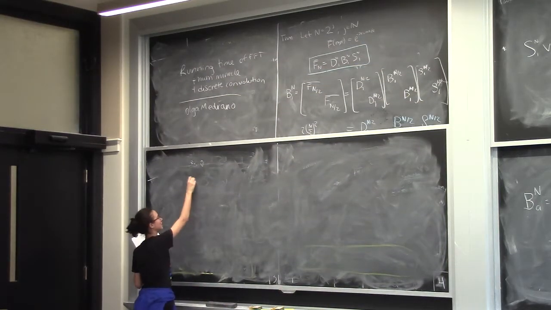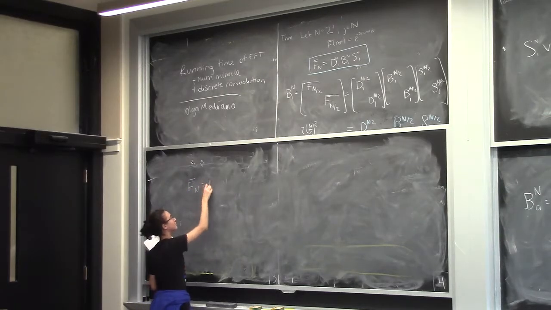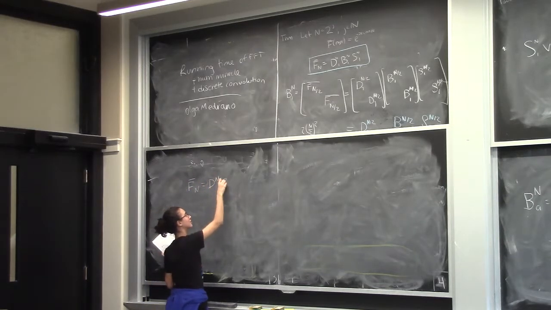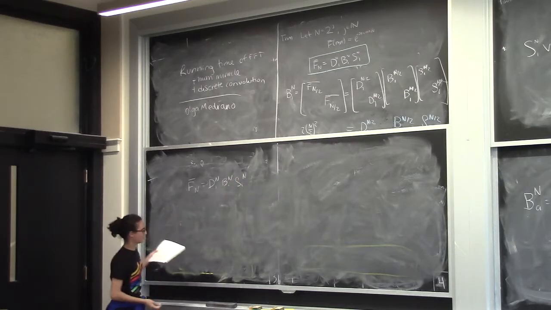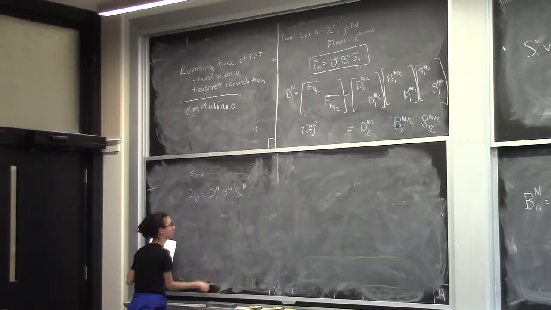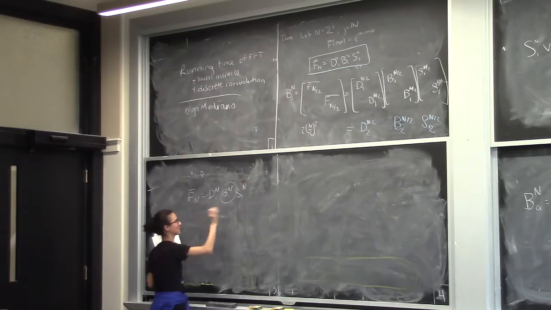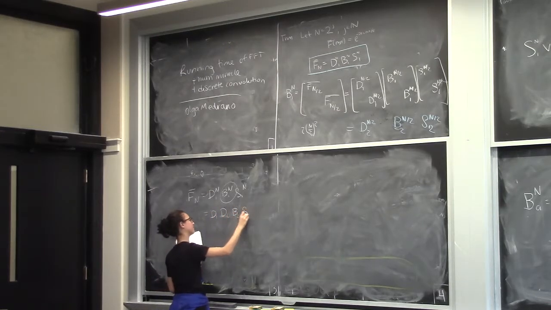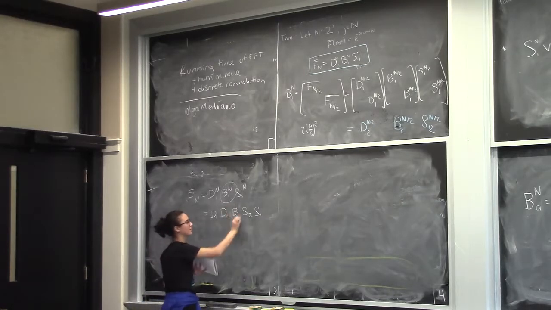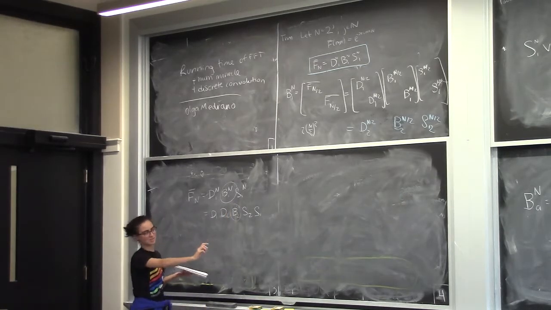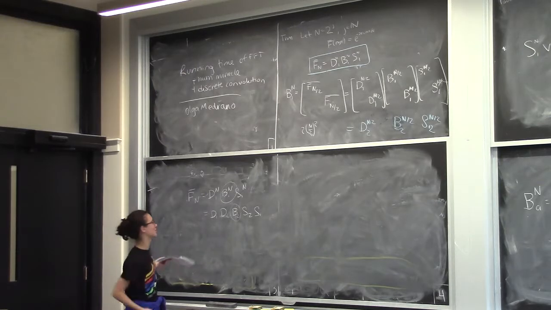We started with Fn equals D1 n, B1 n, S1 n, right? But then we found out that we can factor this one over here into D2, B2, S2. Then we could again see that this can be factored out using that observation over there.